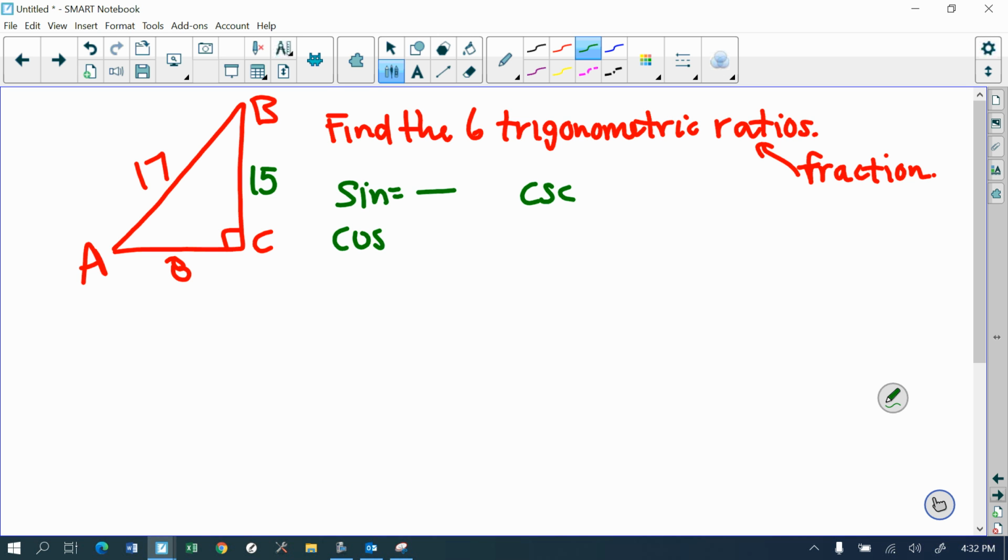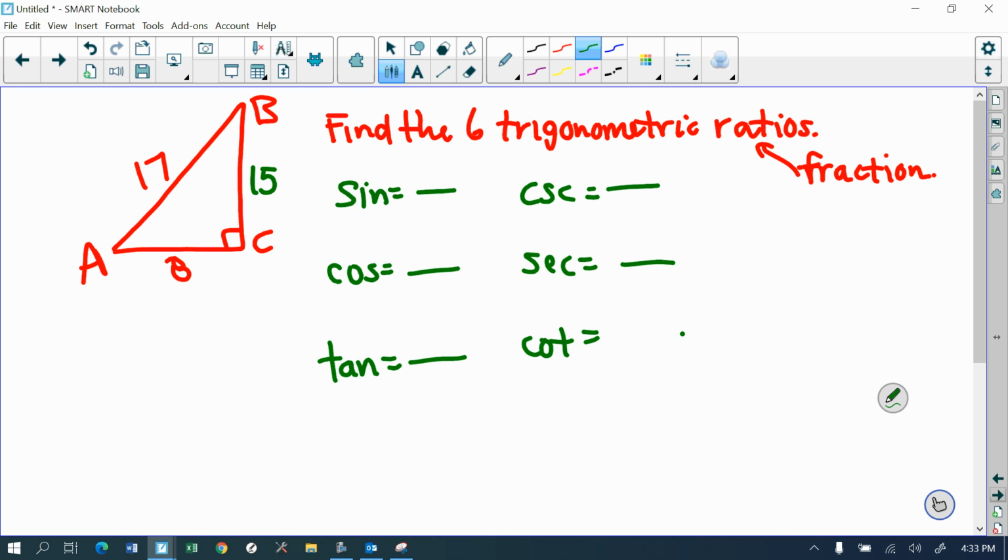Cosine, let's make some more room here. Cosine and secant. Tangent and cotangent. Okay, and we're going to do it all from angle A. Let me make sure I've got it.